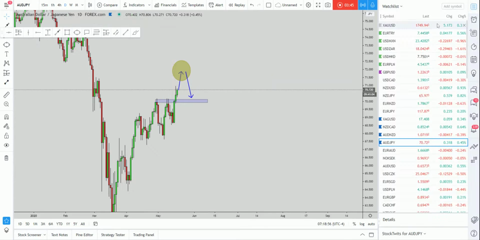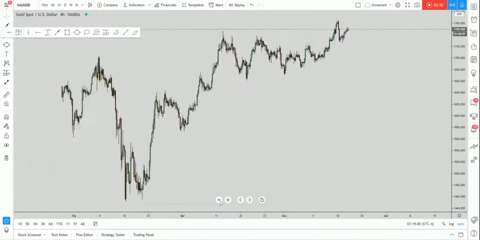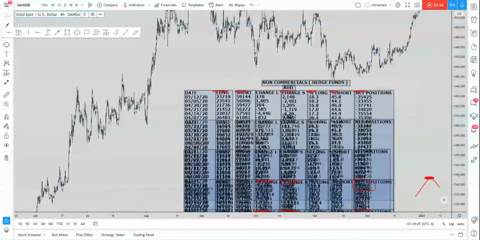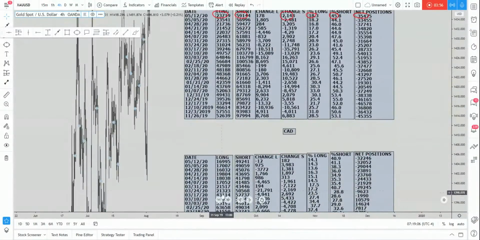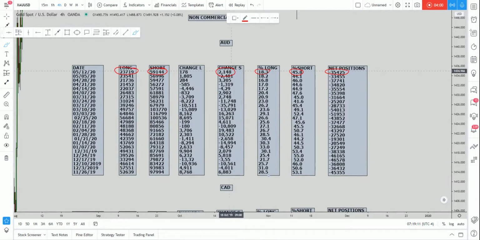Now, if we take a quick check at what we have from a COT perspective, so what hedge funds are doing on AUD and on JPY, there are definitely some interesting things that we can see. From an AUD perspective, with the last report, hedge funds have added another 2.1k short positions, bringing shorts to 59k and longs to 23k, so minus 35k net positions.